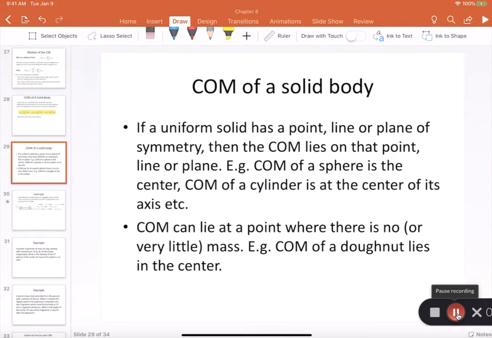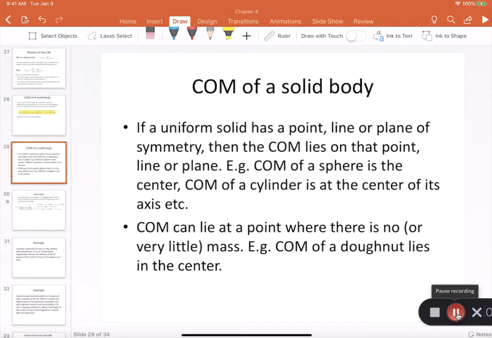If you have a sphere, then obviously the point of symmetry is the center of the sphere. If you have a disk, the point of symmetry is the center of the disk. So if you have a symmetric object with a uniform mass distribution, then it's not difficult at all to guess where the center of mass is going to lie.